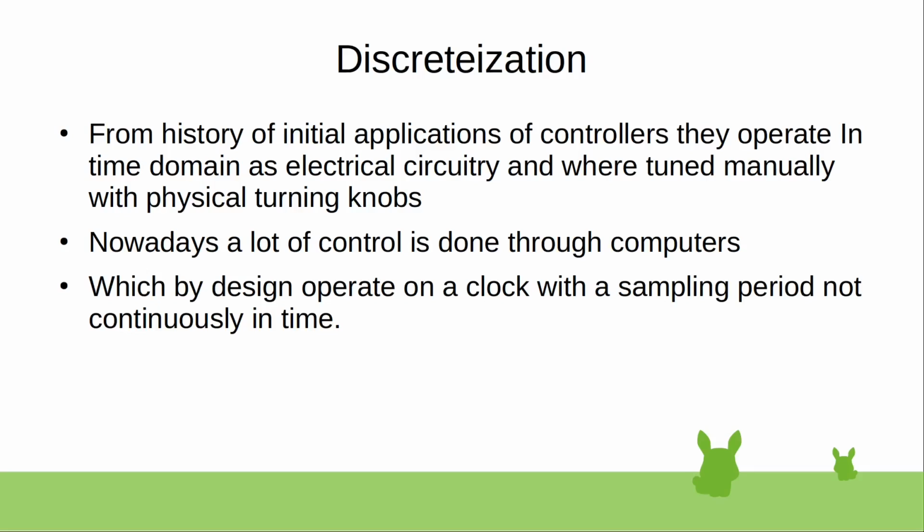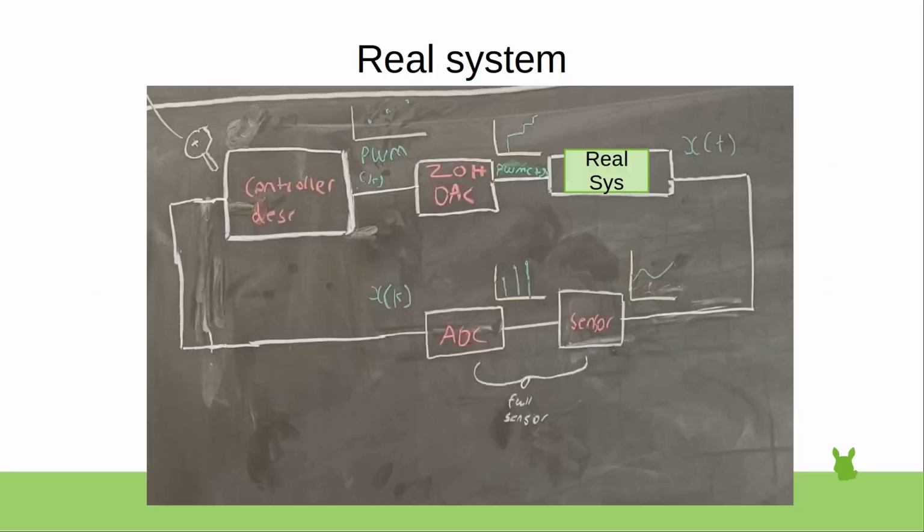You know, when you go to a shop to buy a new laptop, you can see, oh, this i5 has a something gigahertz. So essentially this is what I'm talking about. So what a real system would look like operating on a digital controller, we will have an output in the analog domain, so it's continuous, and then we also have a sensor that's discretizing.